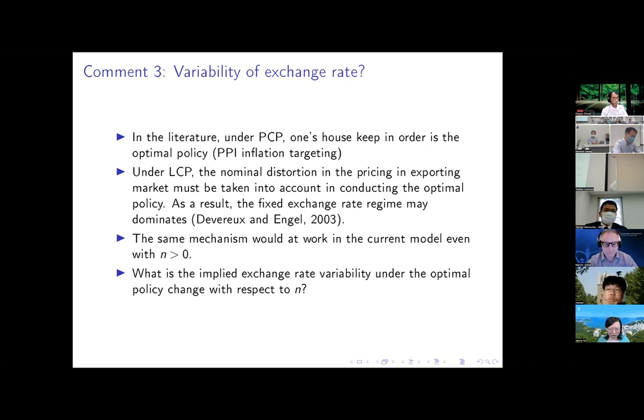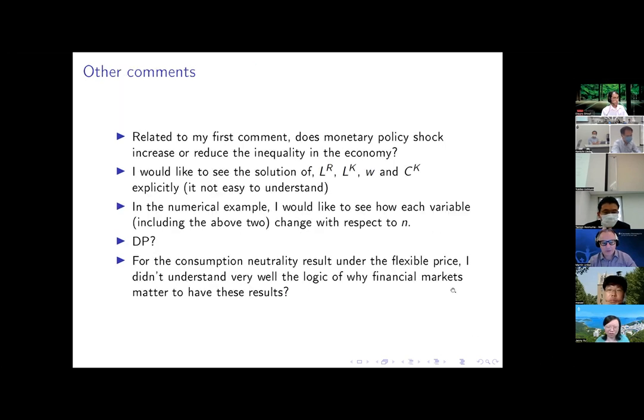Okay, numerical results: I think all the points are well taken. We should add this to the current analysis to make sure the reader understands the dynamics of these variables when n changes. And dollar currency pricing is a very nice point.